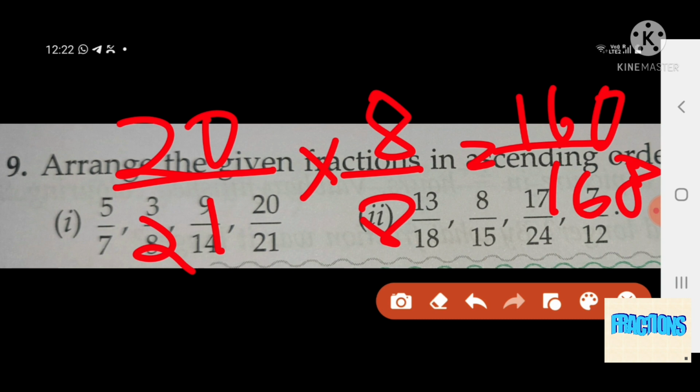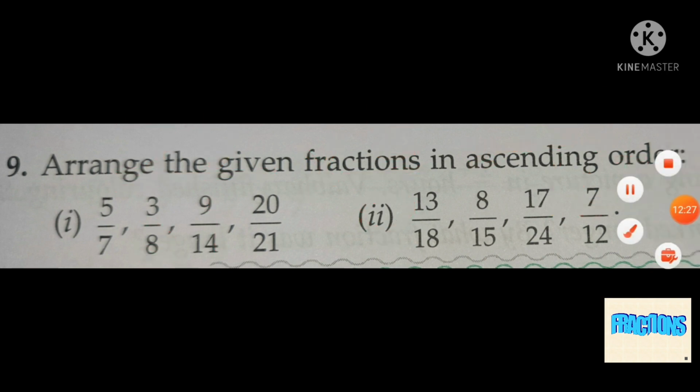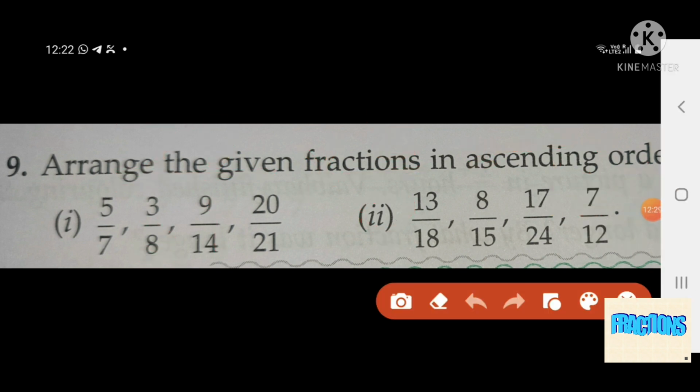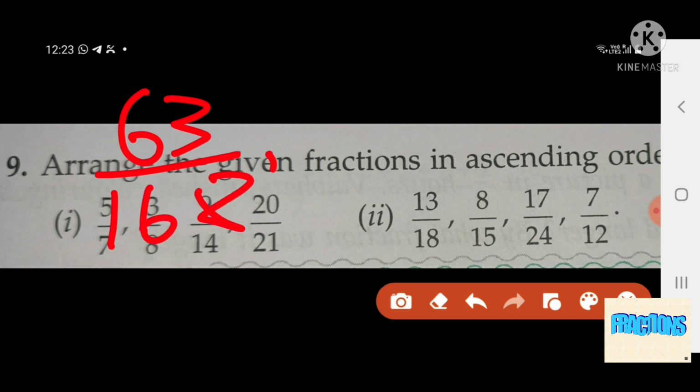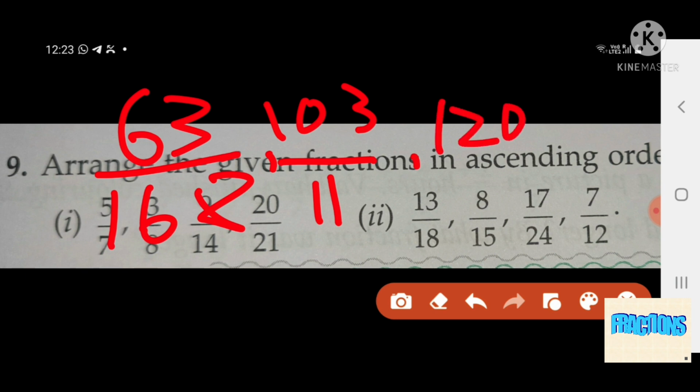Okay, now let's arrange in ascending order. It will be this: 63 upon 168, then 108, then 120, and the last is 160 upon 168.